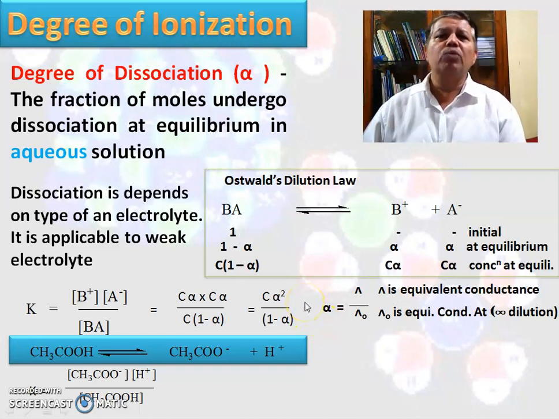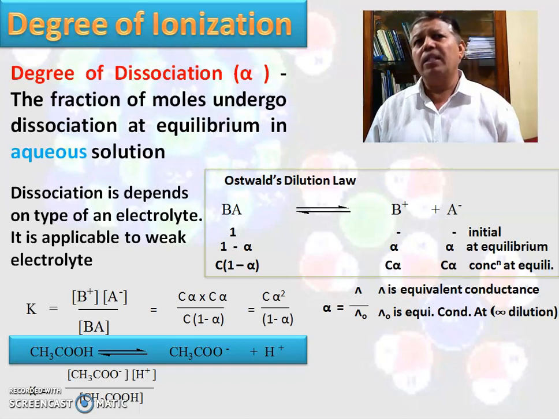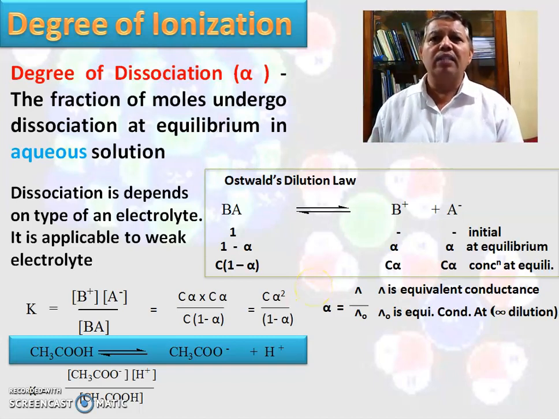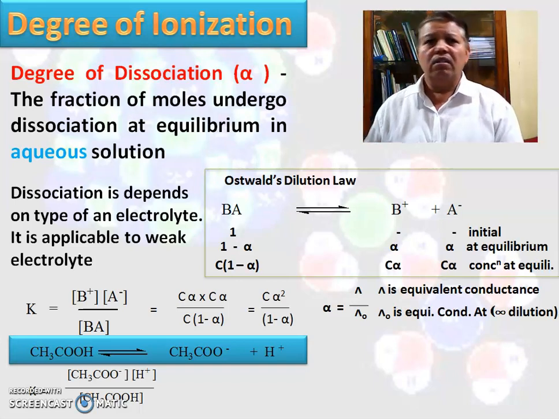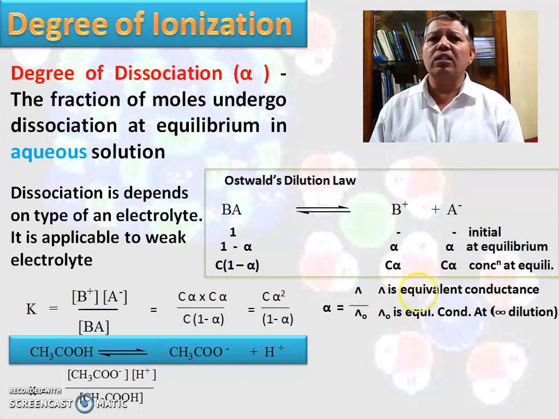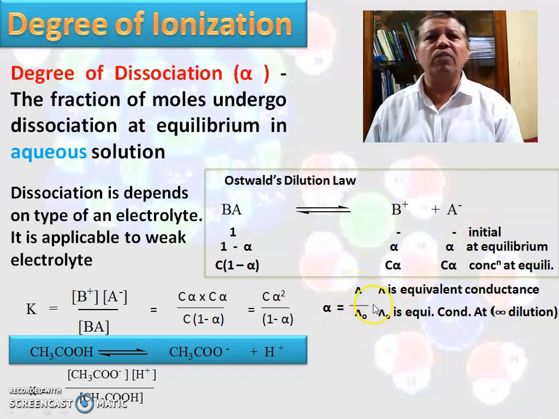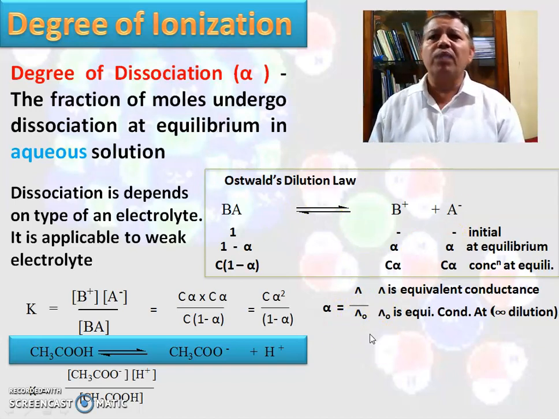This degree of dissociation can be measured with a conductometer in terms of lambda, the equivalent conductance, and lambda 0, the equivalent conductance at infinite dilution. Therefore alpha is equal to lambda upon lambda 0, and from this equation we can measure alpha from the conductometer.